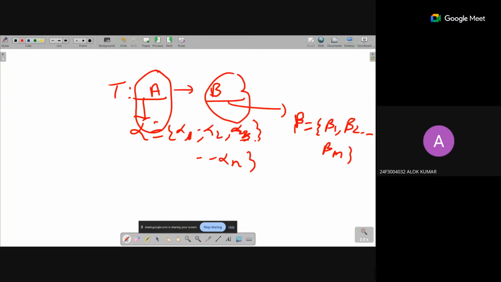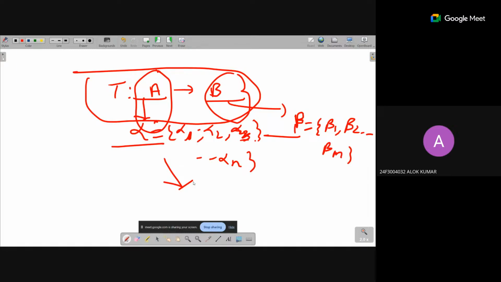We know that for any ordered bases of the domain and codomain, we can write a matrix for a linear transformation. Yes, we can.